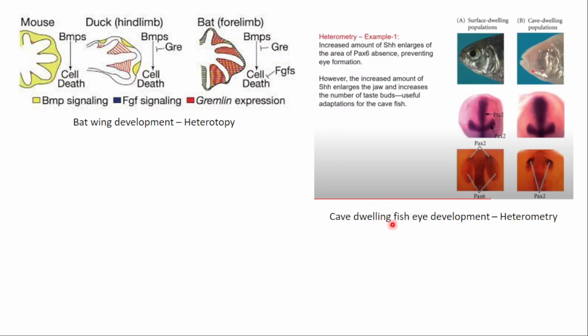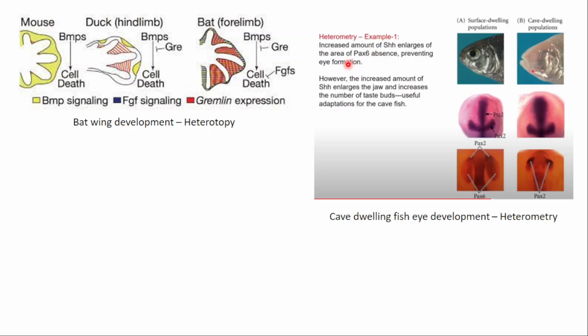Cave dwelling fish eye development is correctly matched, an example of heterometry. Heterometry is the change in amount of gene expression. Increased amount of SHH enlarges the area of PAX6 absence, preventing eye formation.